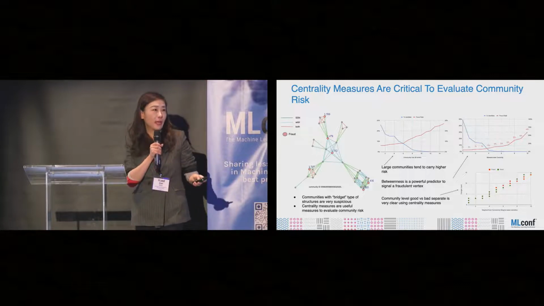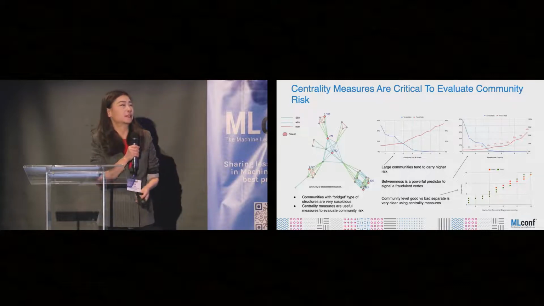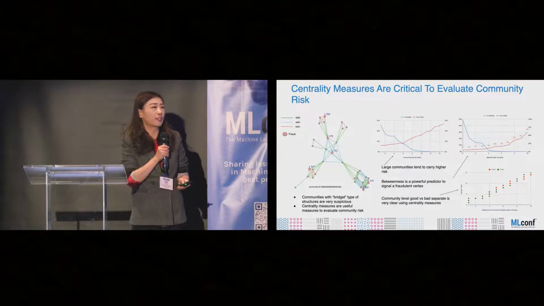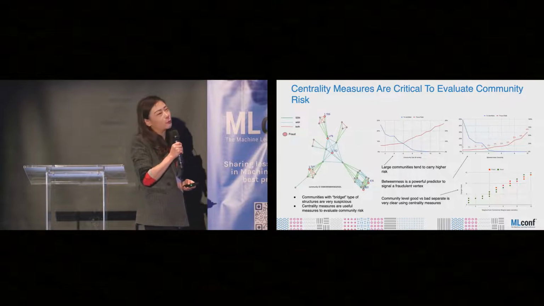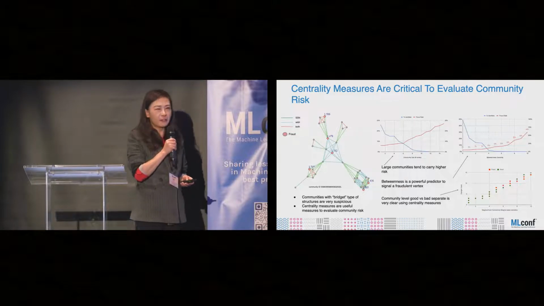Higher is worse, right? So you can see this is really high, and the fraud risk is really high. This is a betweenness measure. You can see when the betweenness measure is really high here, the fraud risk is about 10 times higher than average. And this is the scatter plot I have to explain to you. The red dot is bad people, the green dot is good people, and it's very, very clear cut.